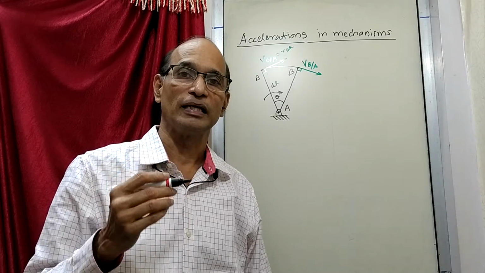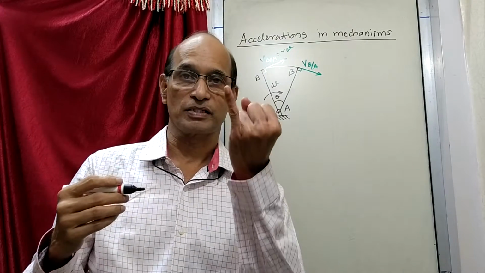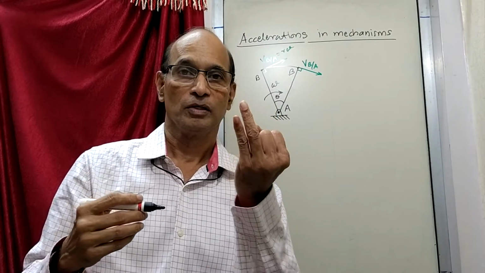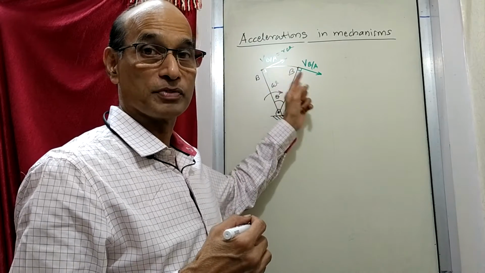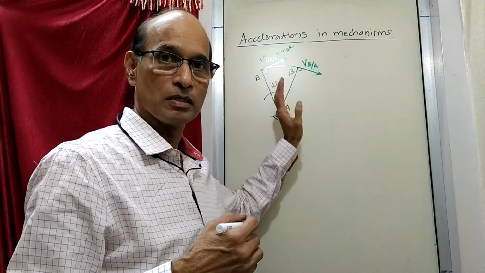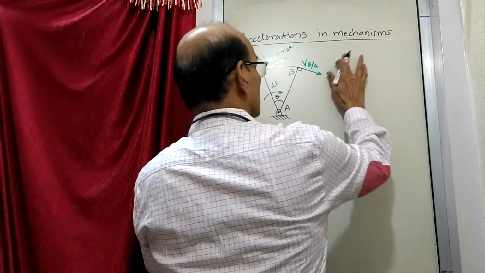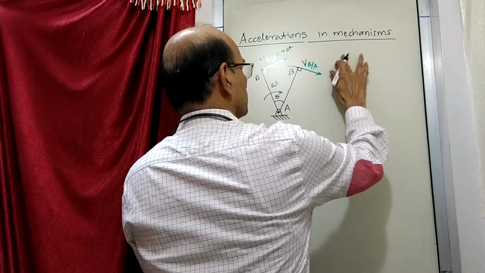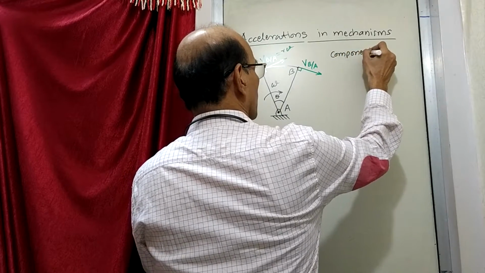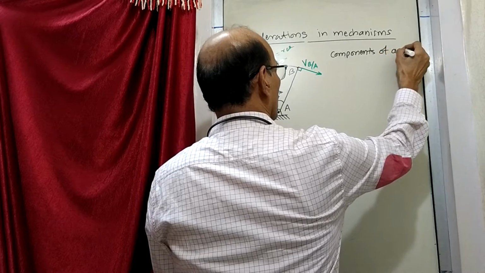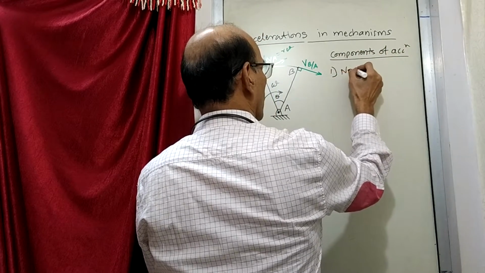So whenever we say that there is a change in velocity with time, that change means change in direction as well as change in magnitude. Now here, as you see, magnitude has not changed, but the direction has changed. So because of the change in direction, there is also an acceleration existing. So this is called, I'll just write here, components of acceleration. Normal.